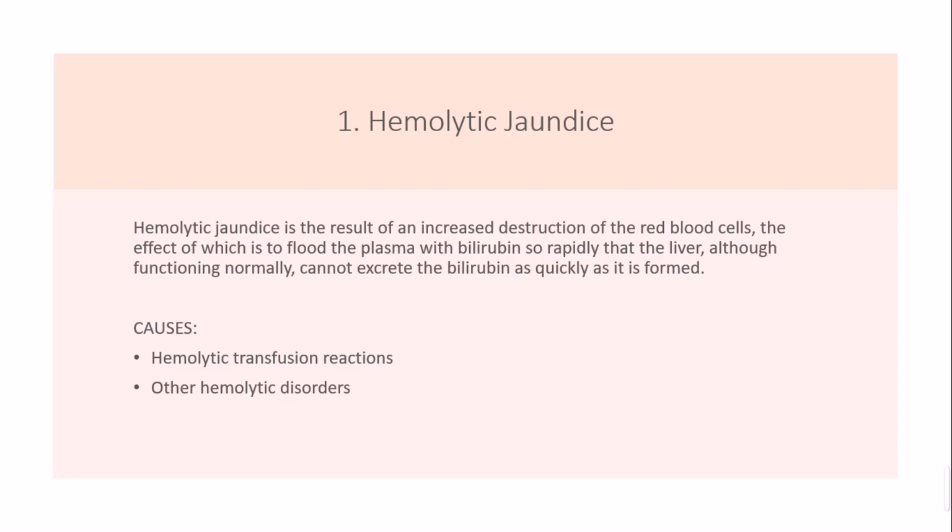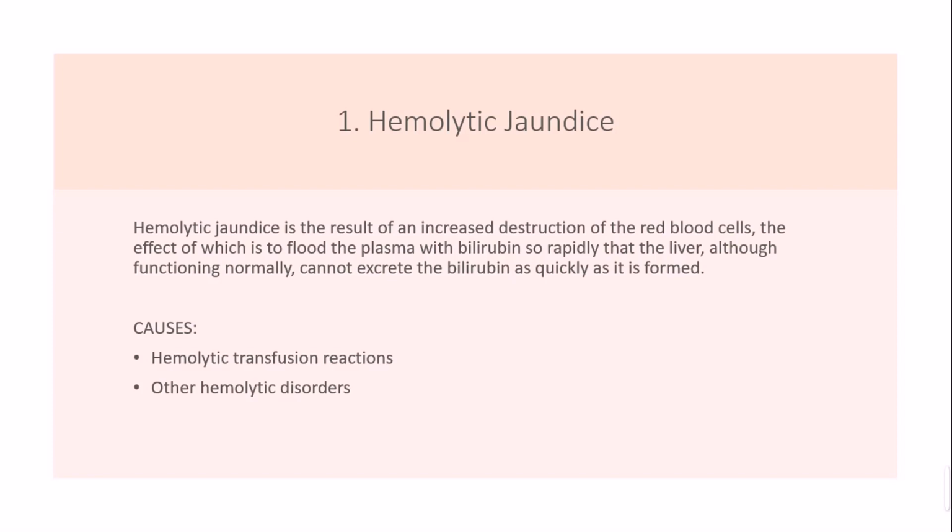It means that when hemolysis, the breakdown of blood cells, is happening, there will be a flood into that area, and bilirubin also goes with it. Even if you are a normal person with normal liver function, the liver will not be able to excrete that amount of bilirubin in one go.